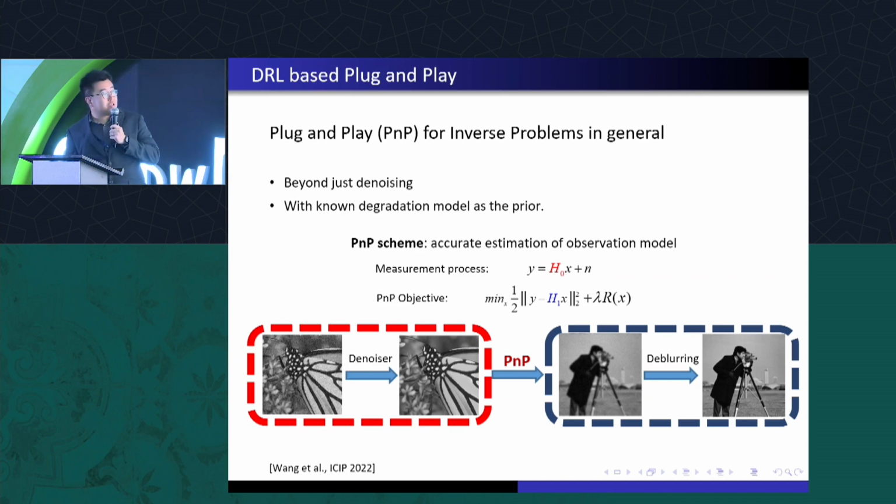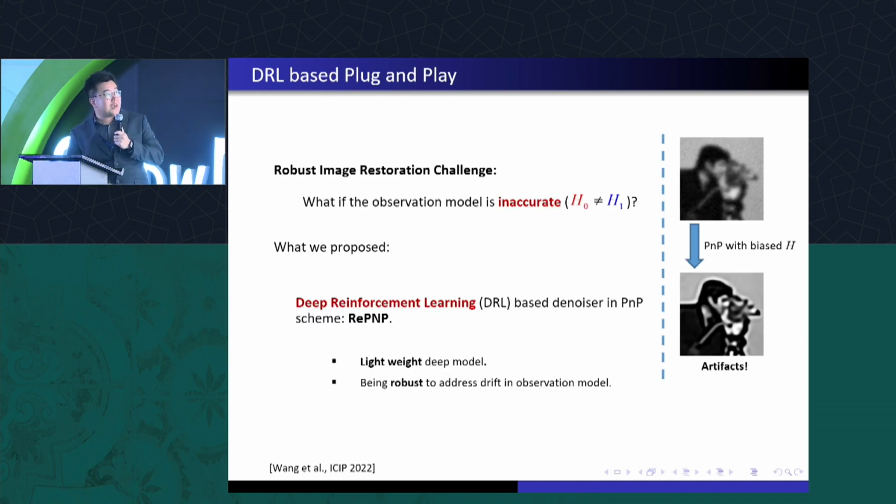And just some recent work I did with Sai. We have a collaboration on this plug-and-play method together with a deep reinforcement-based denoiser, and we can extend the usefulness to not only denoising, but other inverse problems, right? So we also try deblurring or super resolution, and here the problem is that the observation model may not be accurate, right? So there may be some shift from training to testing, and how can we deal with those robustness issues in practice?